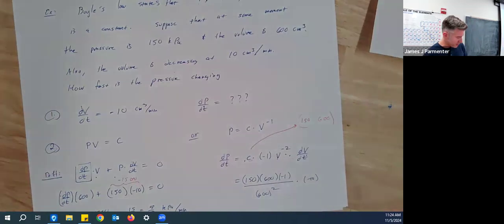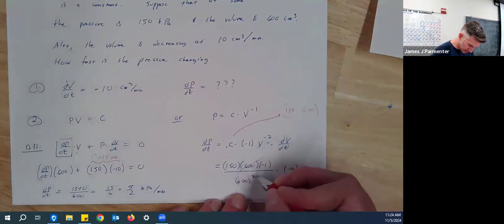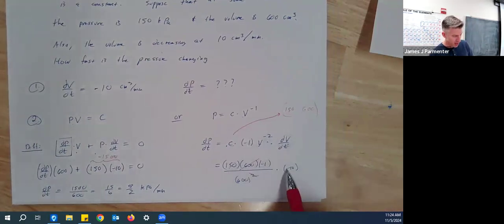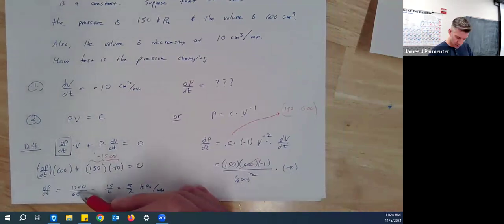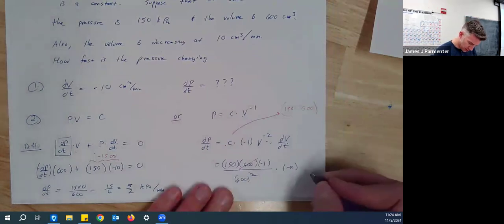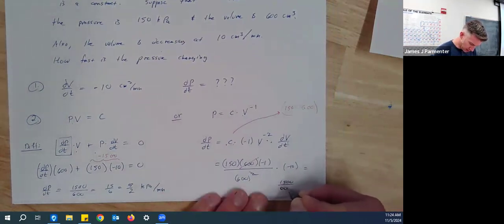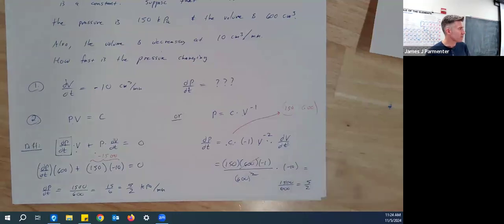And yeah, things are going to work out the same, because I'm getting one of those 600s canceling. And then I have 150 times -1 times -10 is positive 1500 divided by 600, which is the same as what I had over here. So yeah, it works out the same. Requires a little bit more thinking. You still get 5 over 2, or 2.5. Interesting.